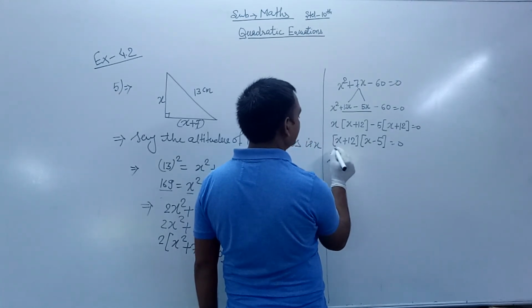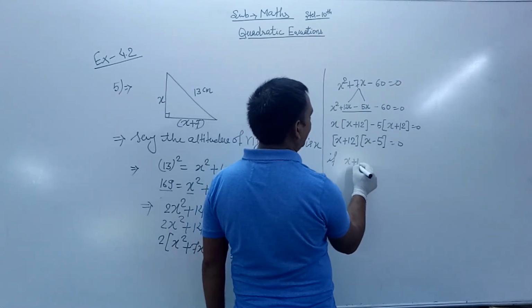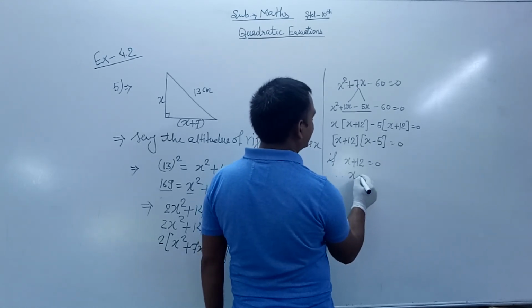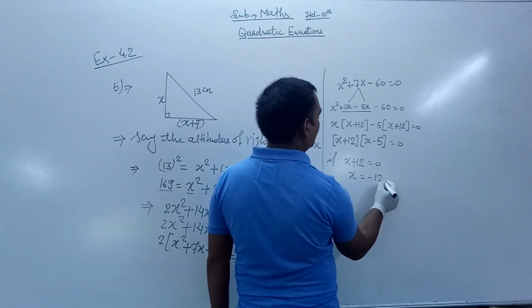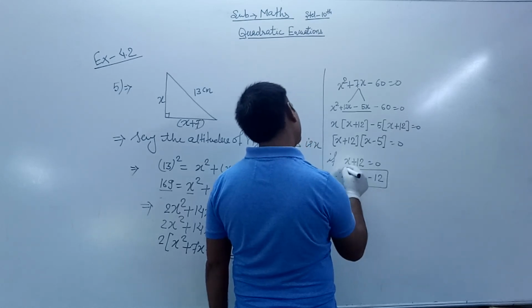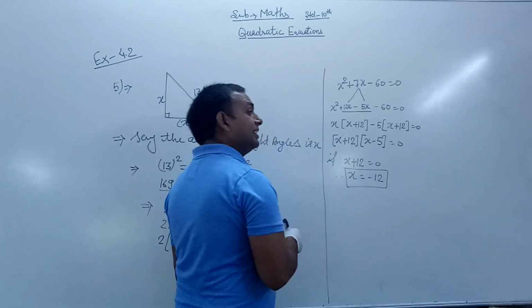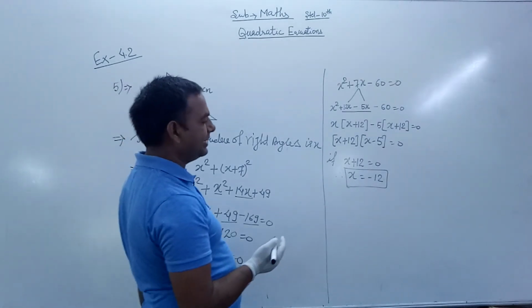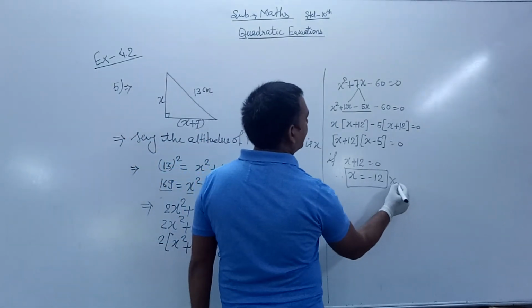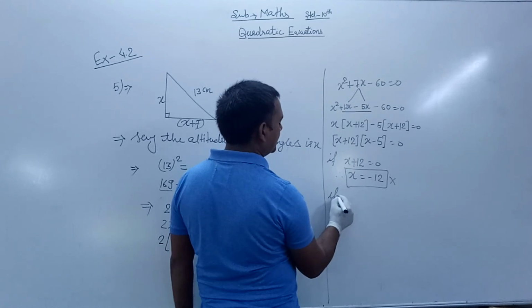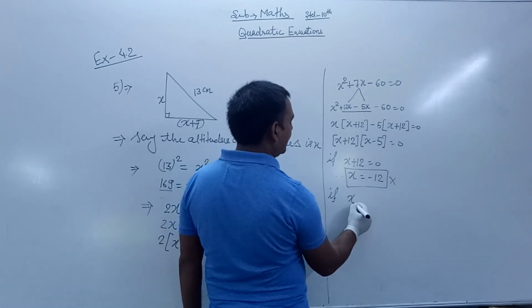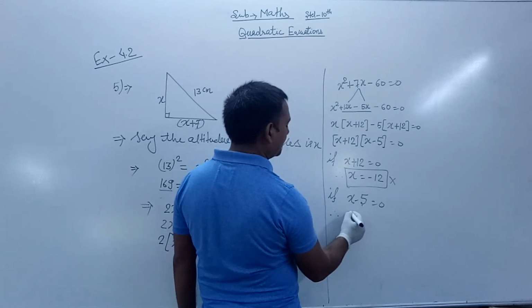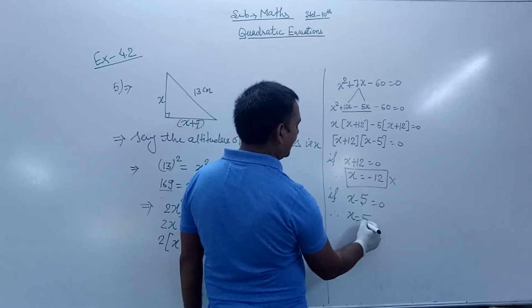If x plus 12 is equal to 0, then x is equal to minus 12. But all of you know that length is never negative, so it is not possible. So take the other condition: x minus 5 is equal to 0, therefore x is equal to 5.